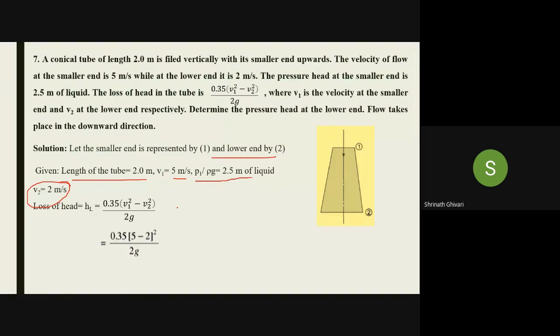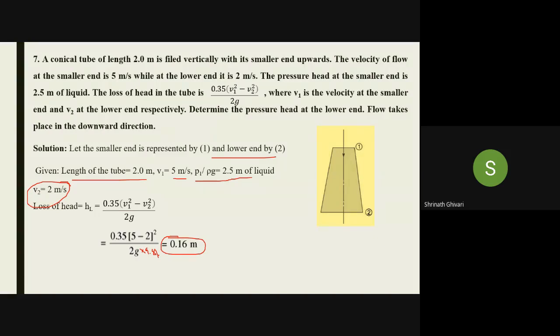I have determined this head loss, which is 0.16 meter: 0.35 into (5 square minus 2 square) divided by 2 into 9.81. After determining this, which formula are we going to use to determine the pressure head?